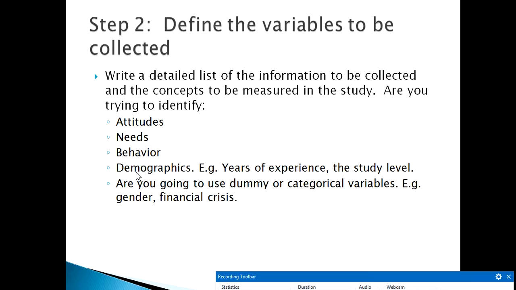For example, gender needs a dummy variable that takes two values such as 1 and 2, while financial crisis takes two values such as 1, which means the financial crisis adversely or significantly impacted the economy or investors' behavior, while 0 means that there was no effect of the global financial crisis, for example.